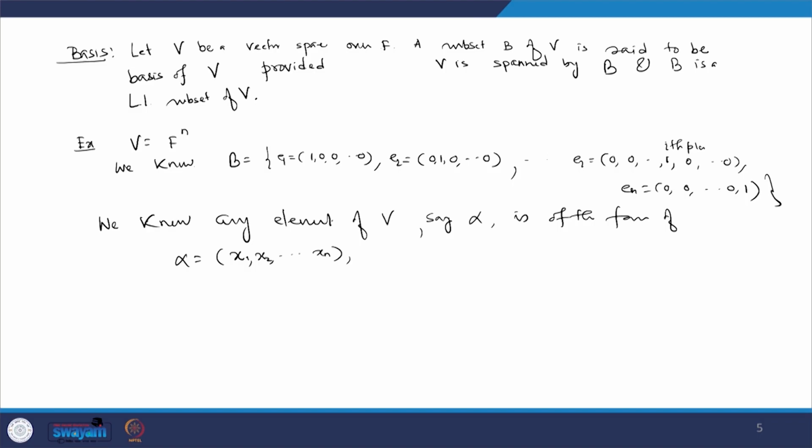Here I have taken capital F as real numbers; you may also take complex, no problem. Now, I see that alpha is equal to x1 E1 plus x2 E2 plus ... plus xn En. So, this implies L of B equal to V. Now, the only thing I have to prove is that it is linearly independent.